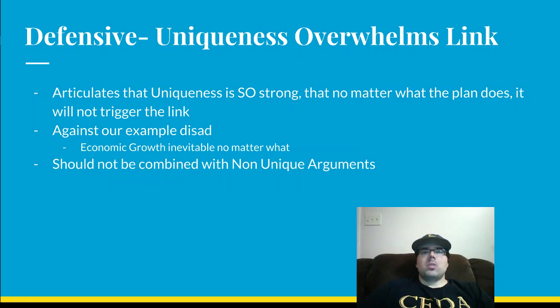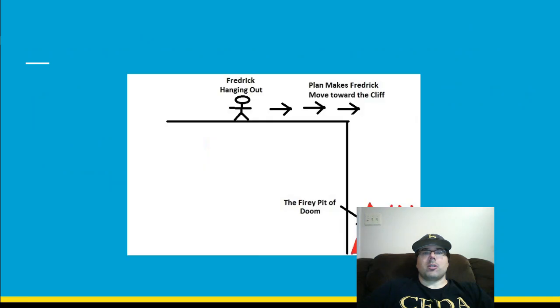That would be a uniqueness overwhelms the link argument. There's no way to derail economic growth. It is too strong and too powerful. Too many sectors are growing at the particular moment. One caveat about uniqueness overwhelms the link arguments is that they should not be combined with non-unique arguments because they're usually contradictory to one another.